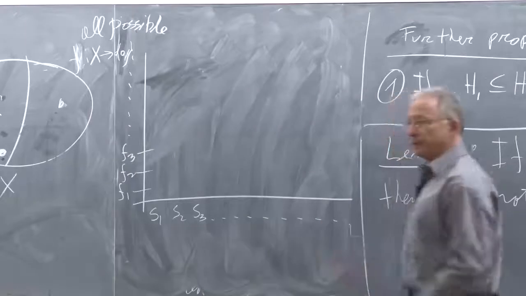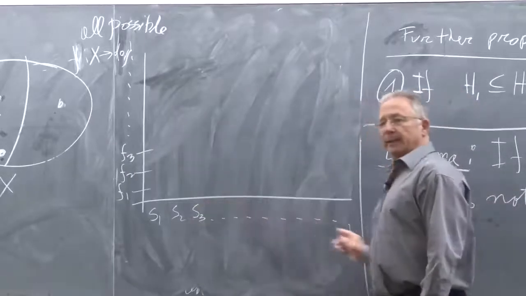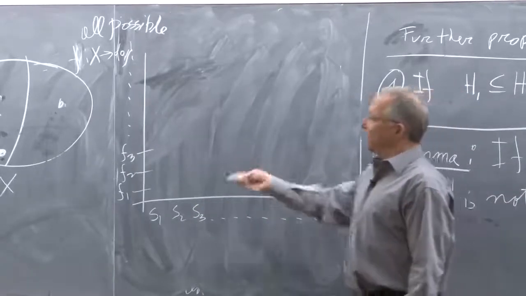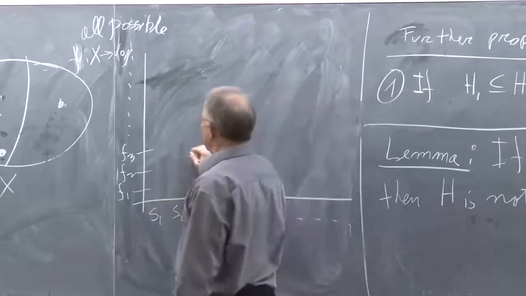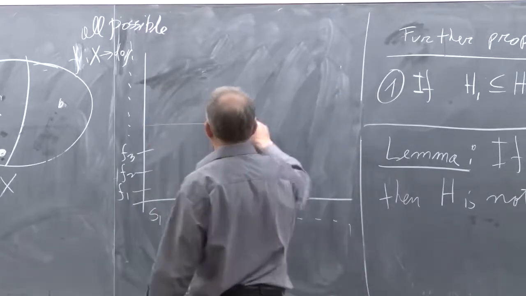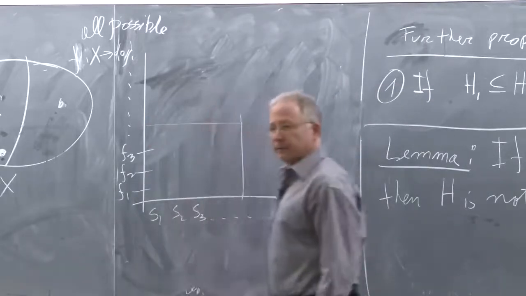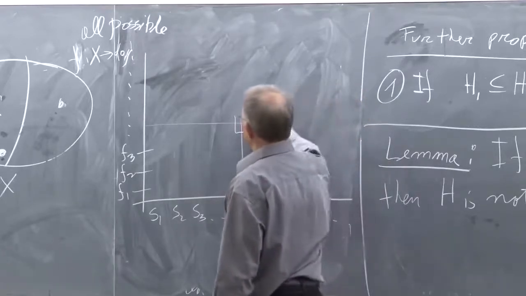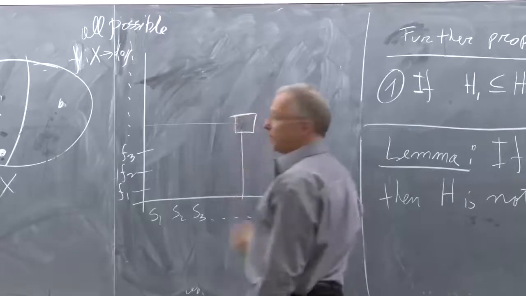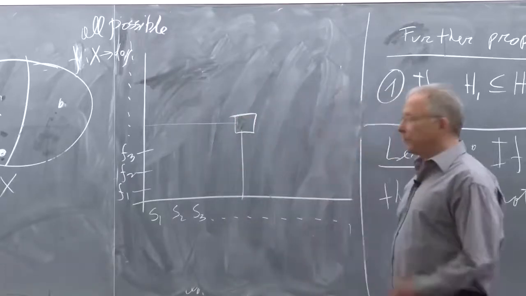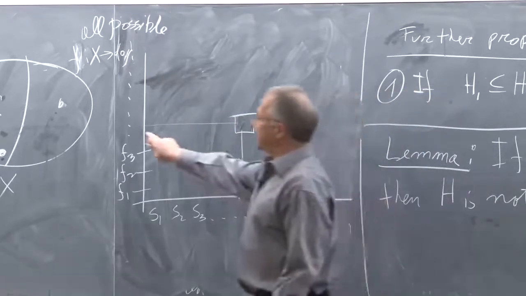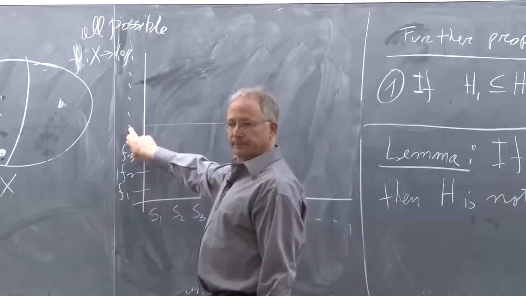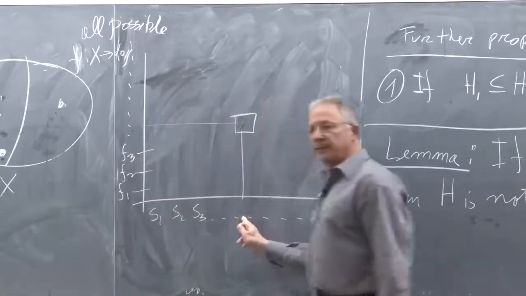So it's a very big table. This is all possible m over 2 tuples of points. And now I want to tell you what to write in an entry of this matrix. In an entry, I have some labeling function and some sample.